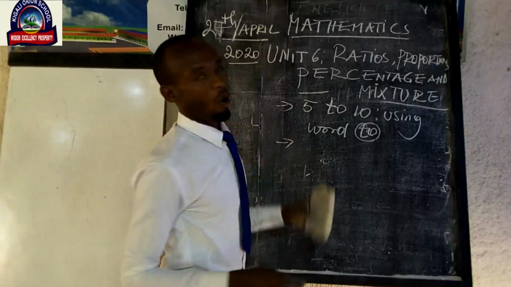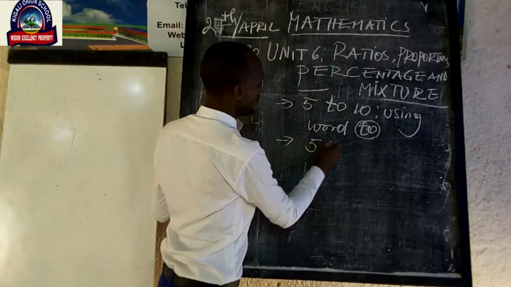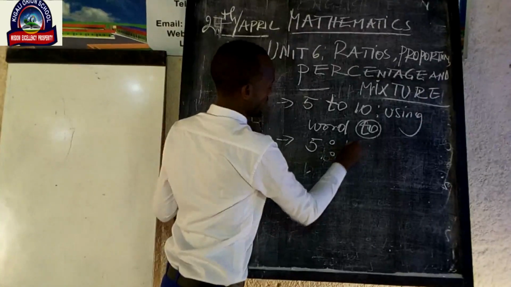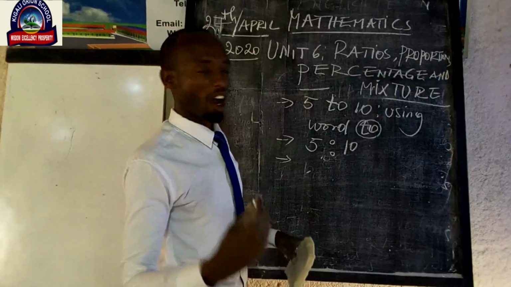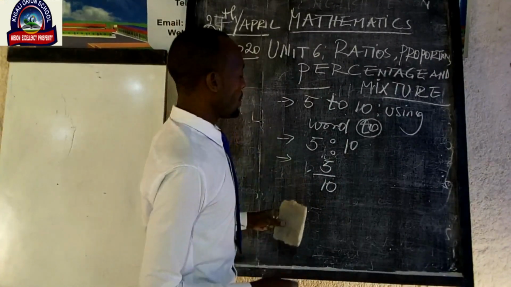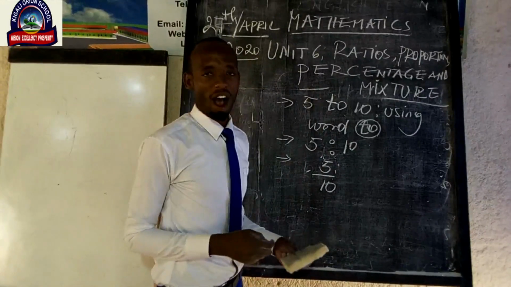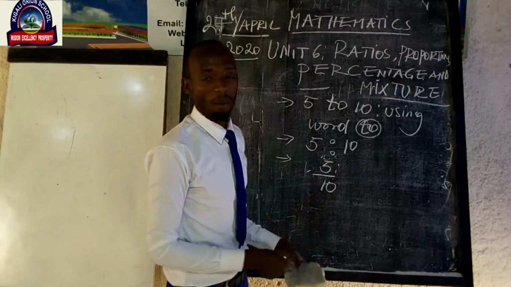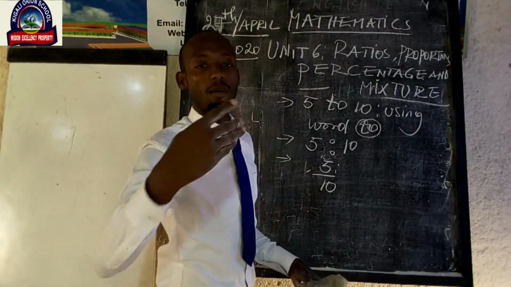Second way, we can write a ratio by using a colon. So I say 5 : 10. The third one, we can write by using fraction form, 5 over 10. When I write in fraction form, I can simplify this fraction into the simplest form.